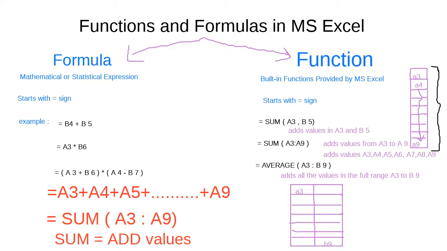I don't want to confuse you with this, so I'm just using the sum function once again. If you have the third example right now, I modified it. Equals sum A3 to B9. So here it's a range of values. It's the whole range of values that will be added.